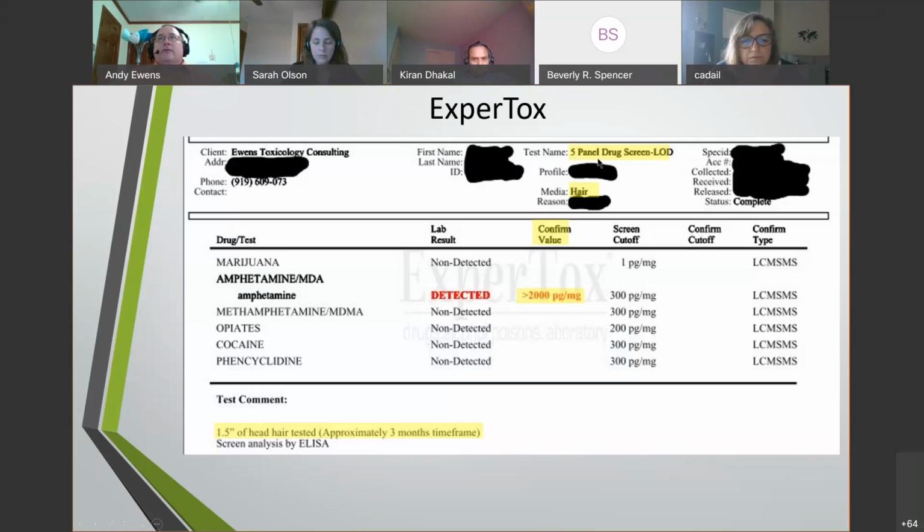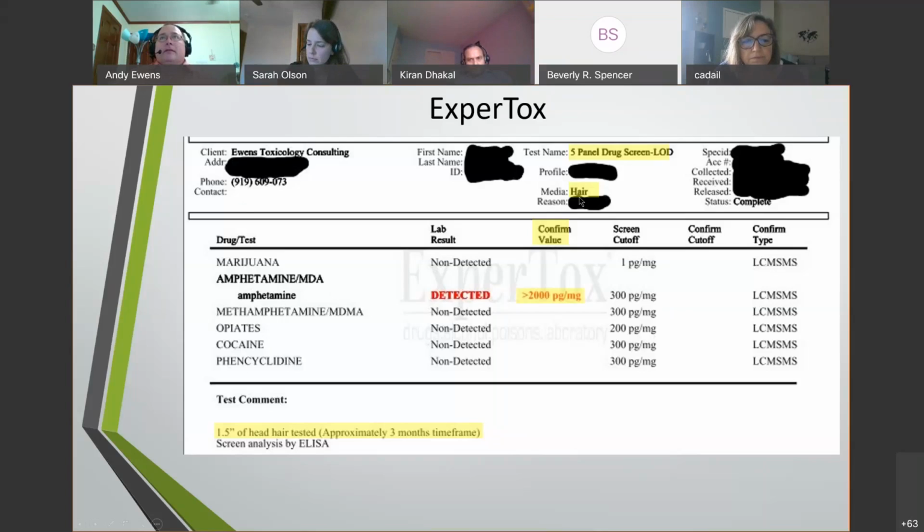Anything of these 5 drugs that we're looking at, which include marijuana, amphetamine, MDMA, or MDA, methamphetamine, opiates, cocaine, and phencyclidine. Actually, that doesn't add up, right? So no, they have one test for amphetamine and methamphetamine, opiate, cocaine, phencyclidine, and marijuana.